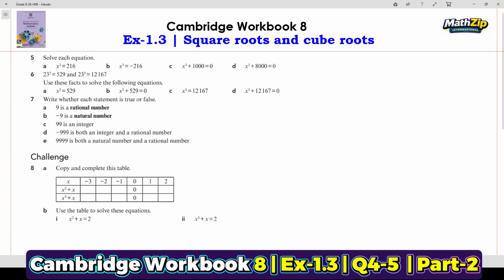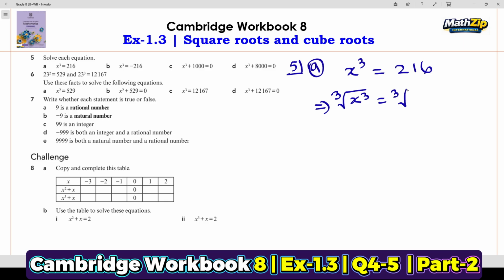Question 5. Here also we will find the value of x. Number A, x cubed equals 216. If you want to find the value of x, you will take the cubic root. So here is the cubic root of x cubed on both sides, and also the cubic root of 216.